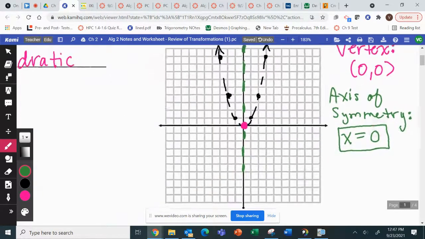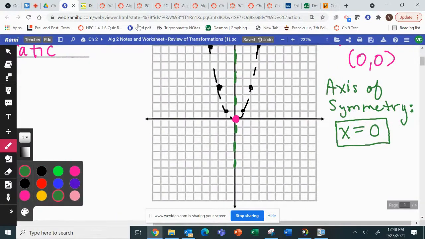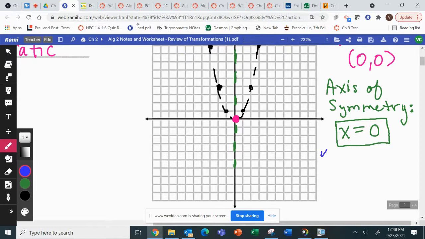Other things that we might look for, and they aren't very exciting right now because there's no transformations, but a y-intercept. That's going to be important to us, a y-intercept. Right now, the y-intercept always is 0, comma something.